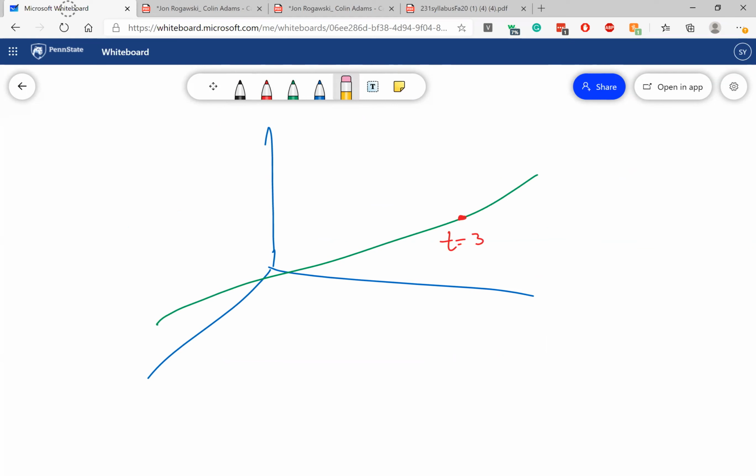And let's say I want to know the angle of these curves where they intersect. Does anyone have an idea of how I can do that? Anyone?